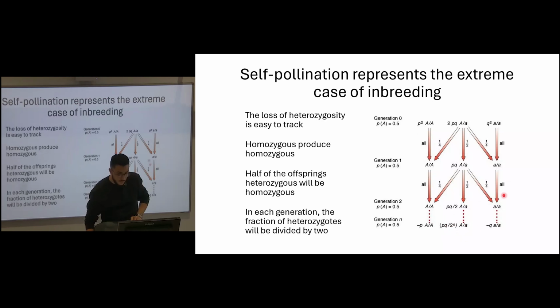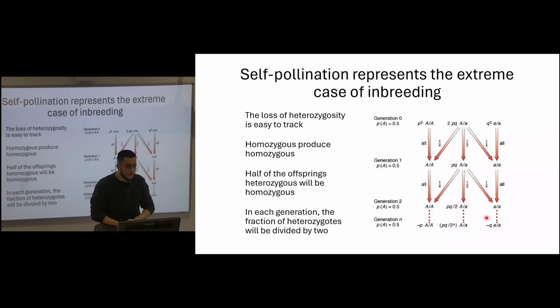Because of this, the other two states will go from P squared and Q squared to about P and Q. You don't need to go in depth about this. It's just to illustrate how these numbers change with each generation.